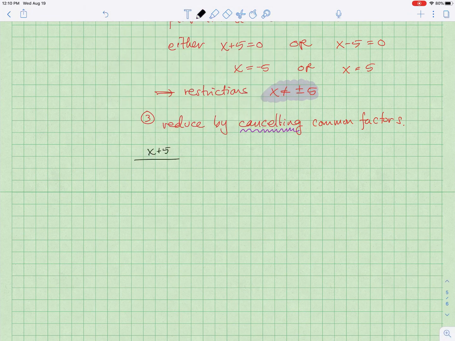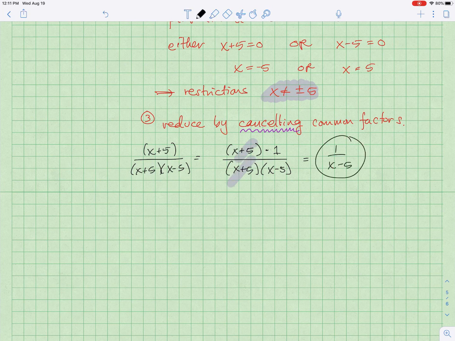Anyhow, what do we have here? We have x plus 5 divided by x plus 5 times x minus 5. Or if you like, x plus 5 times 1 divided by x plus 5 times x minus 5, which will reduce when we cancel those common factors to 1 over x minus 5.